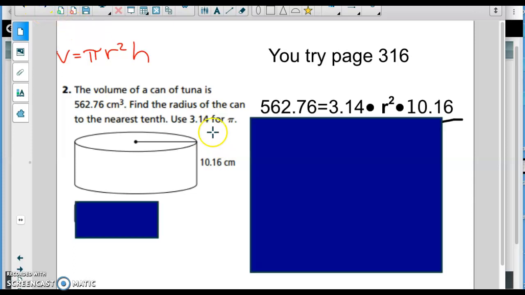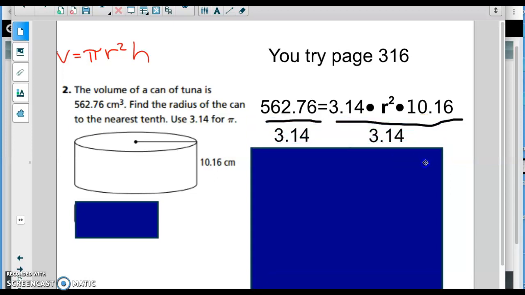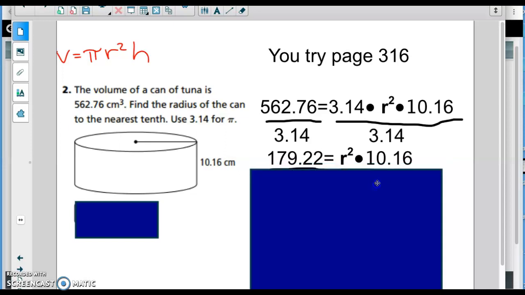Okay, so here's what I know. I know my volume is 562.76. I know I'm using 3.14 for pi. I'm trying to solve for r, and I know my height is 10.16. I'm going to first divide both sides by 3.14, just like in the other one when we divided by pi. When I divide that by 3.14, I get 179.22.